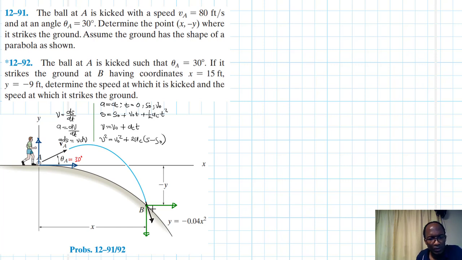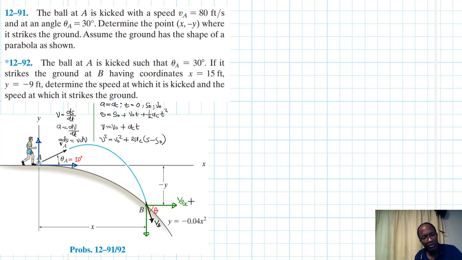All right, so let's say this one is VB, and let's call this angle theta here. We'll have this one, which is VBX, and we said it's constant throughout.